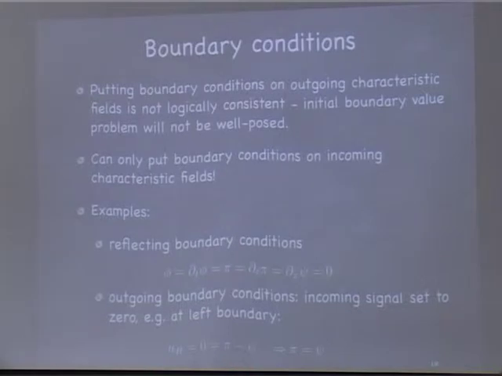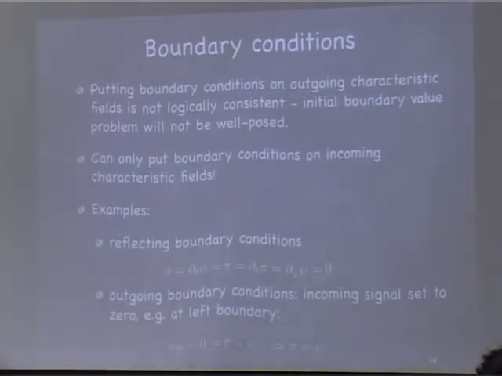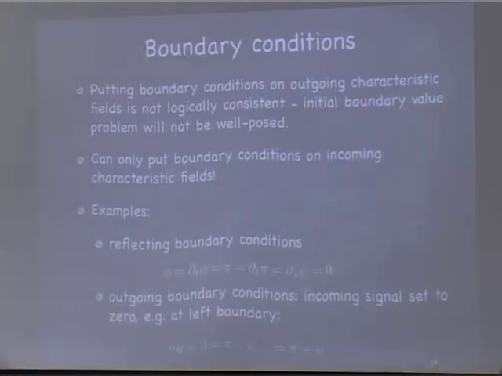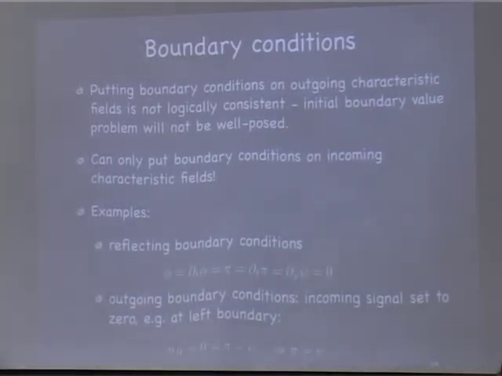That was just 1/2 (pi minus psi), so this means pi minus psi has to be 0, which means that pi is equal to psi. Okay, so you just have to set one of those in terms of the other. And you can easily derive the analogous condition at the right boundary.